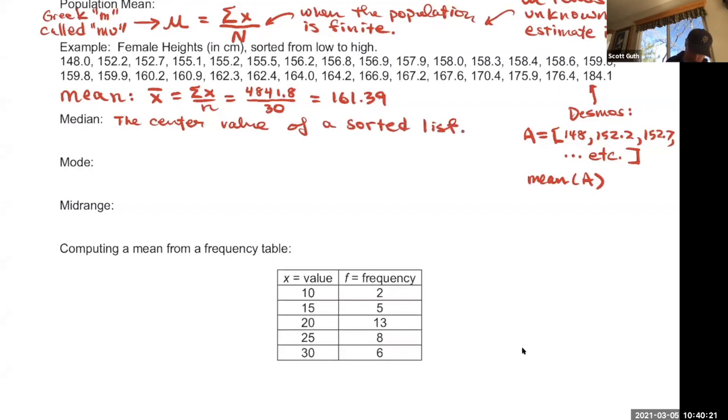Okay, now just real quick, an x with a tilde, this is not a bar. X bar is the mean, x tilde is a sample median.